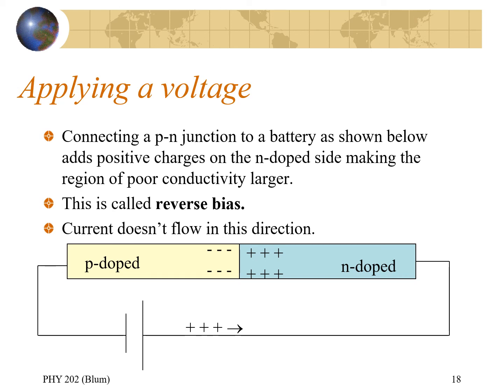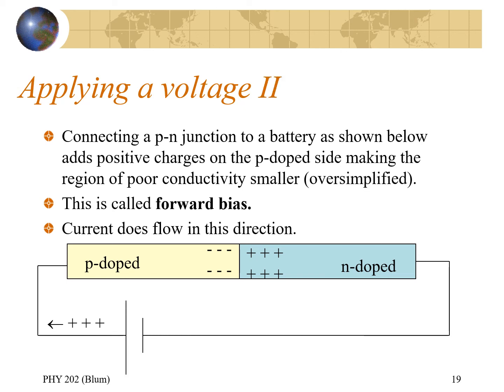So we have this problem of poor conductivity at that junction, and these positive charges are just going to make it an even worse conductor, and so we don't get current flow in this direction. This is known as reverse bias.